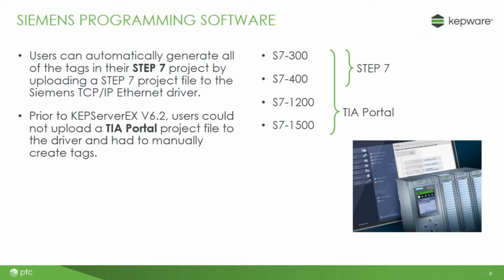The S7 1200 and 1500 are only programmable via the TIA Portal. The Siemens TCP/IP Ethernet driver for KEPServerEX allows users to automatically generate all of the tags in their Step 7 project by uploading a Step 7 project file to the driver. However, if users are programming the controllers in the TIA Portal, they are not able to upload the TIA Portal project file to the driver, and prior to this release, would need to manually create tags.